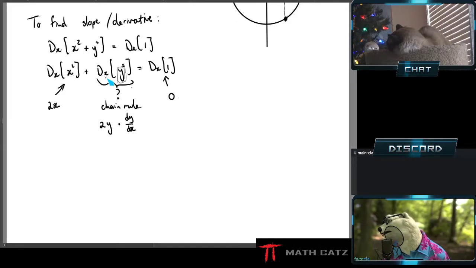When the x, which is the independent variable, is not the same as the variable that I see in my square brackets, it's the chain rule, because that variable is a function of the independent variable. So if the letters don't match, watch out for a catch.